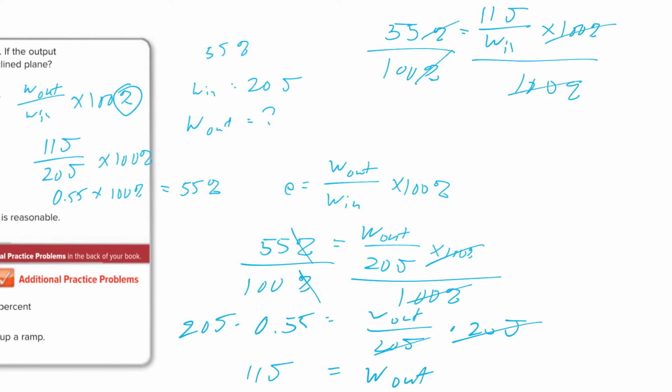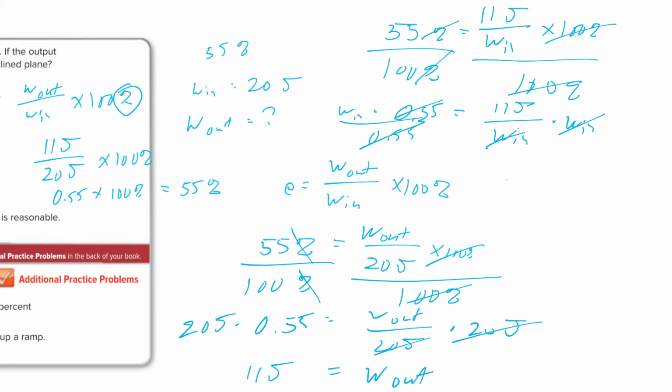The 100% cancels here. Again, this gives you 0.55 equals 11 joules over work in. Now you can multiply both sides by work in. Then divide both sides by 0.55.